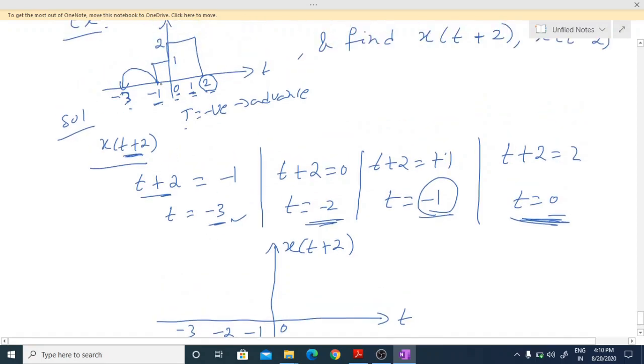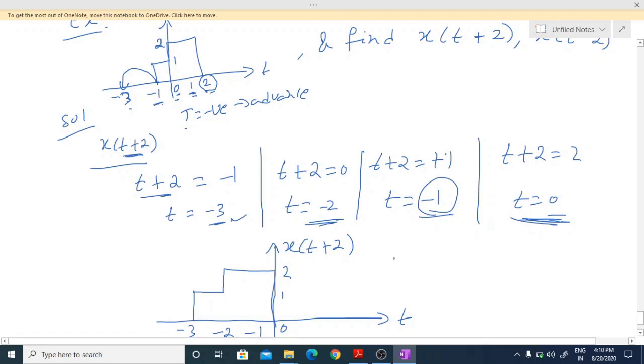What is the amplitude at -1? 1. So the corresponding amplitude will be placed at -3, and then 0, the same one. In this fashion we have to do the time shifting operations.